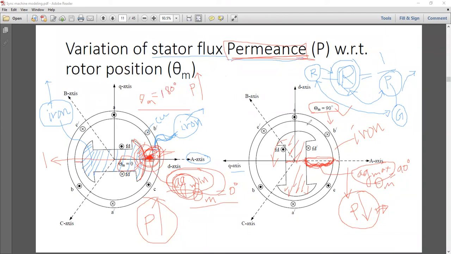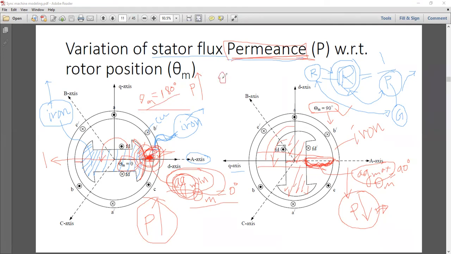So after 90 degrees from here, this is theta m 0 and this is theta m 180. This is a 180 degree rotation. After this point, your rotor will be aligned in this direction. So at 180, P will be again highest.